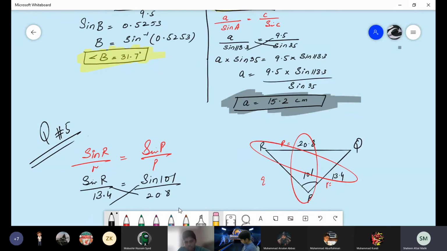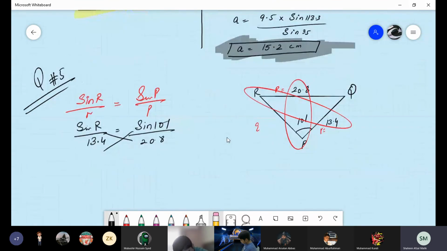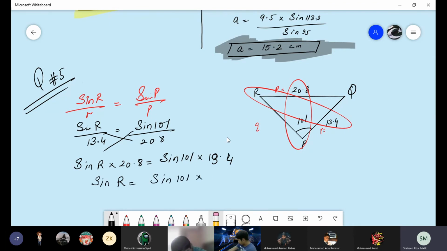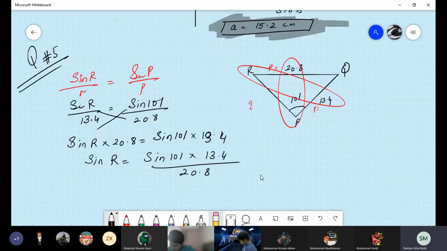Do the cross multiplication and quickly find out the value of sin R. Sin R multiplied by 20.8 is equal to sin 101 multiplied by 13.4, and then sin R is equal to sin 101 multiplied by 13.4 divided by 20.8. Do this and tell me the answer.